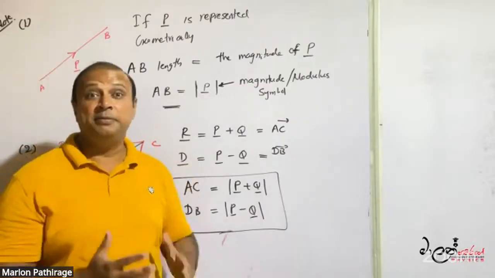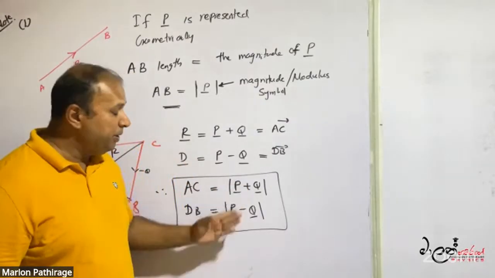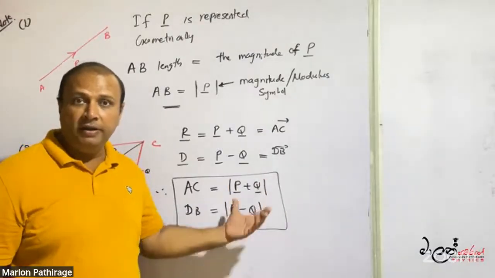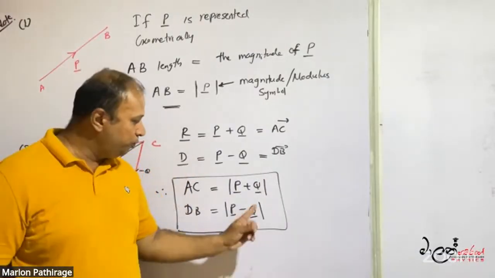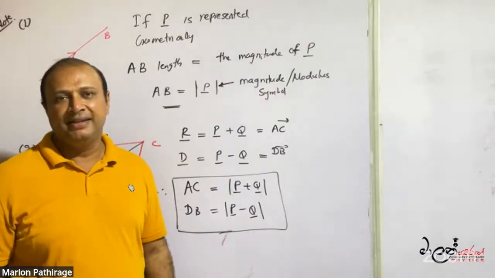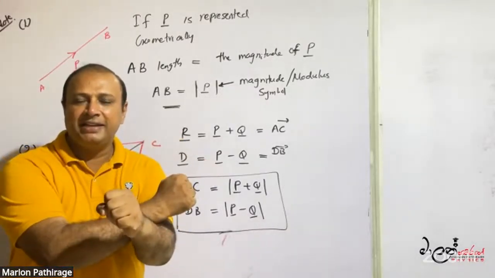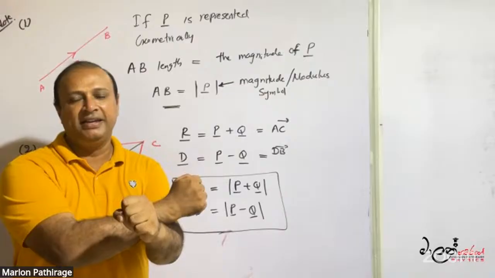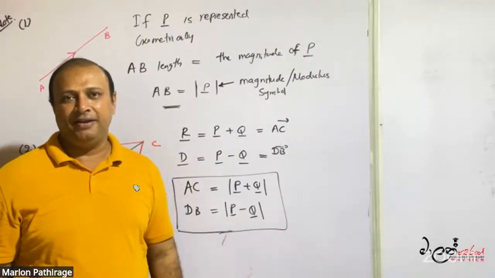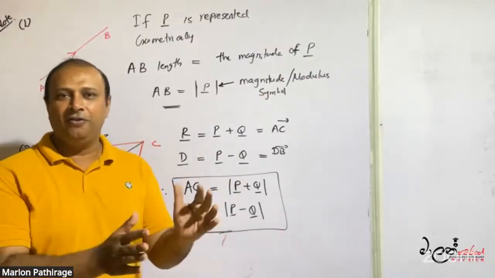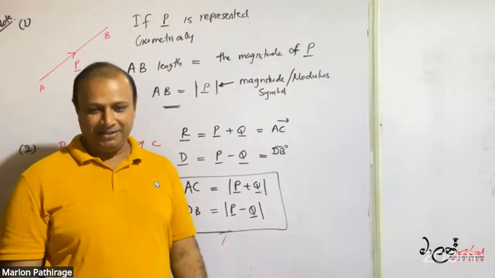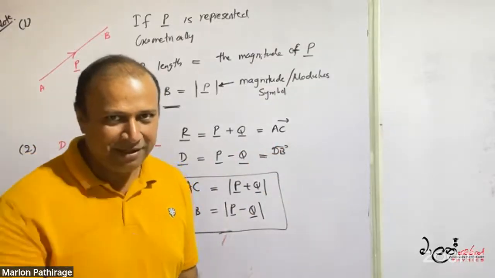Likewise, sometimes you may be given that P plus Q is perpendicular to P minus Q. That means the two diagonals are perpendicular. Then you can determine what kind of parallelogram it is. Did you get my point?